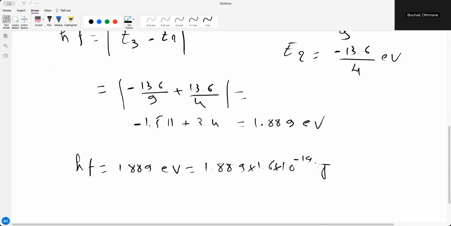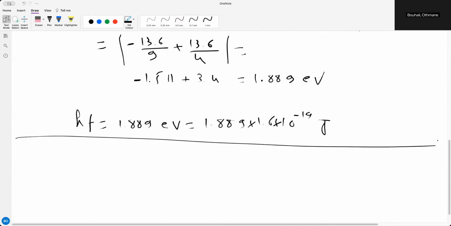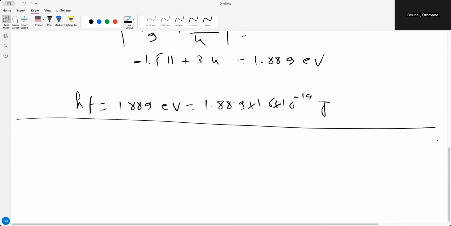Okay, so this is Bohr's assumption to solve the problem of the classical model. Now, what is very interesting, and we will see it later, is the following. If you remember, we talked about line spectra. What are the line spectra? Line spectra is the radiation that we saw, for example, from the hydrogen.